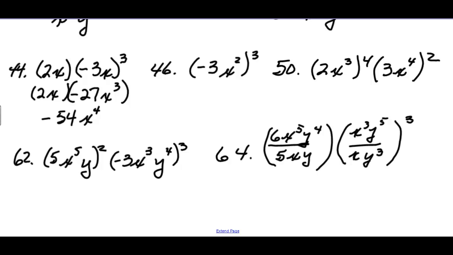In number 46, for the first time, we're going to talk about a concept where if we have something taken to a power and then that whole quantity taken to a power again, what that really means is we're going to multiply negative 3 times negative 3 times negative 3, and then x squared times x squared times x squared.